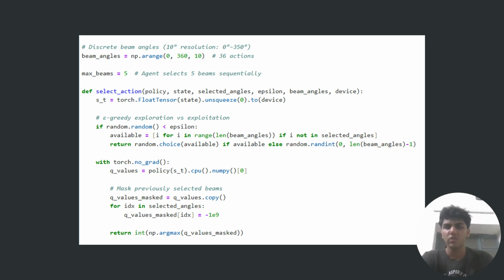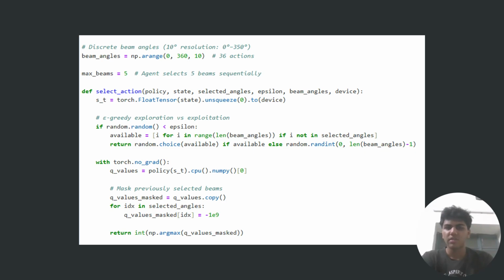We mask out the Q values of angles that have already been selected by assigning them a very large negative value. This ensures the agent never reselects the same angle. Finally, we simply return the index with the highest Q value among the valid options. That becomes the next beam angle for the treatment plan.